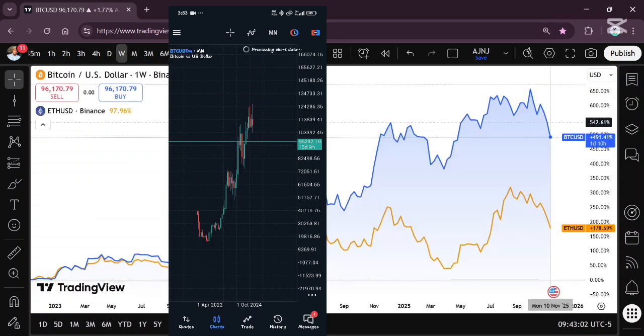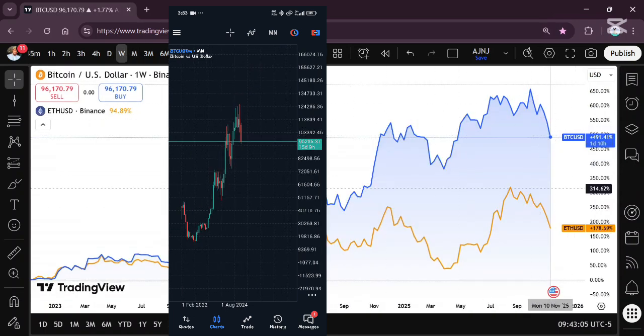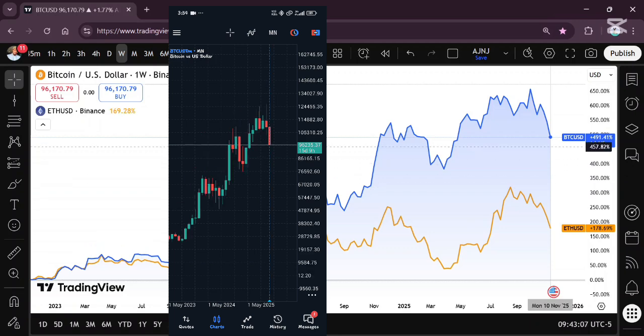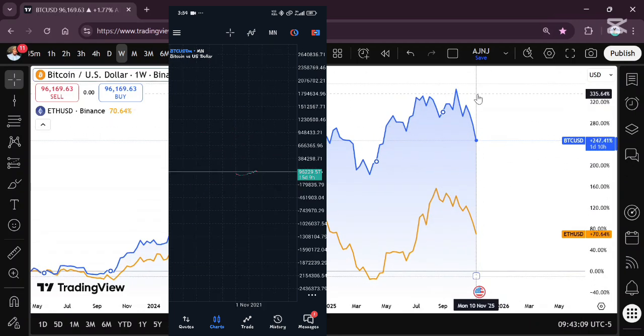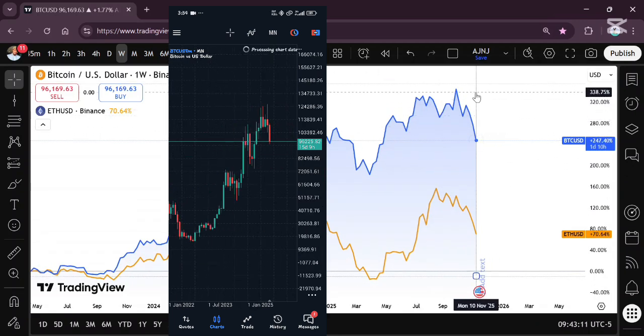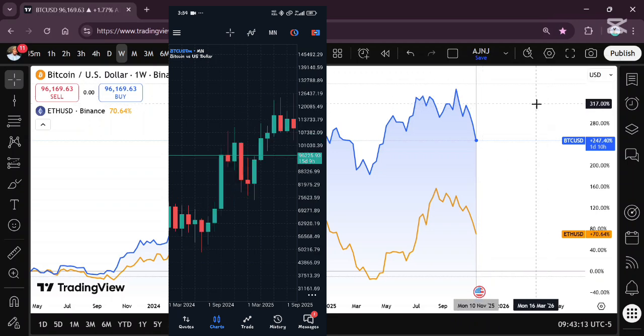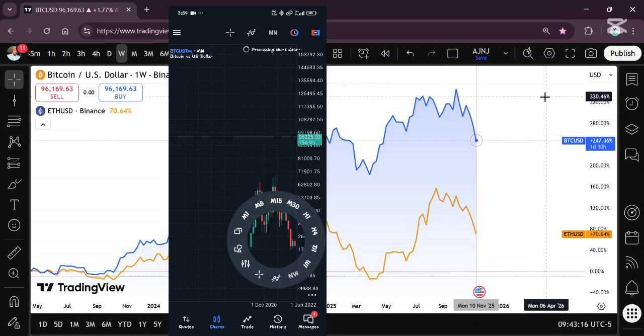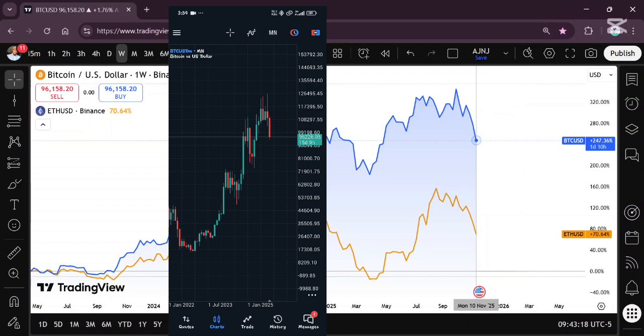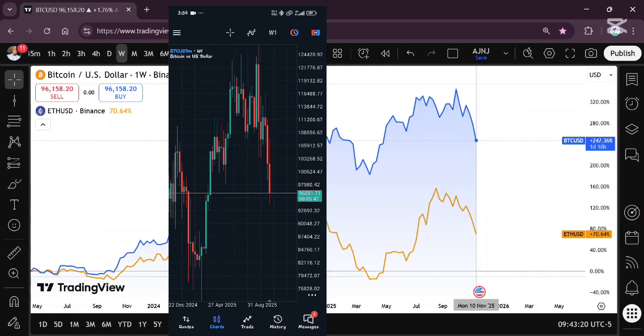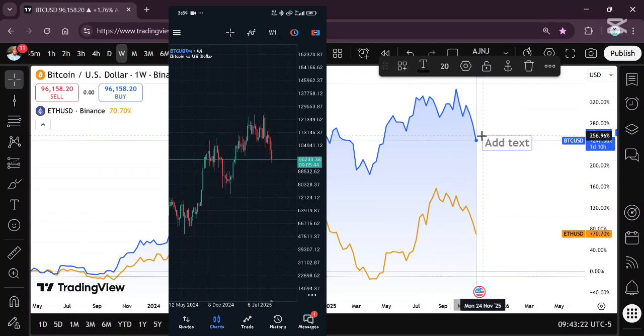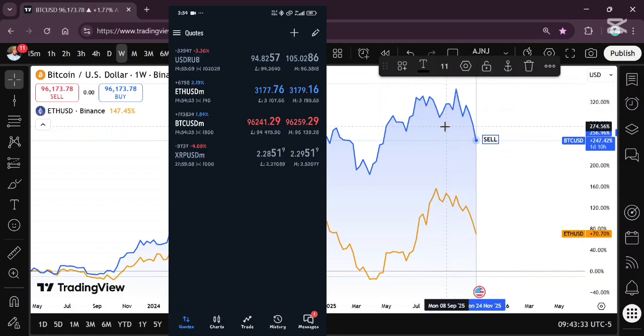Pairs trading is not just limited to the currency pairs or the forex market. You can as well trade the crypto market using pairs trading. So I just put an opportunity on Bitcoin and Ethereum. The signal says I should sell BTC.